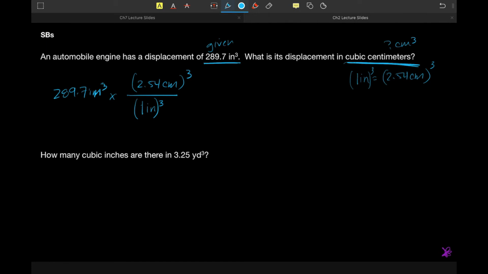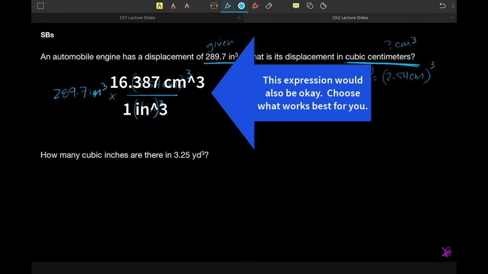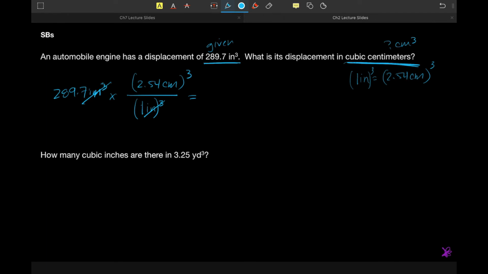Depending on how you do your math, if you are likely to forget to apply that 3, then go ahead and do that math, like what is 2.54 cubed, and plug that number in. But then what's going to happen here is that my inches cubed will cancel, and centimeters cubed is all that's left. I just have to remember to cube that 2.54, so 2.54 cubed, then multiply that by 289.7.